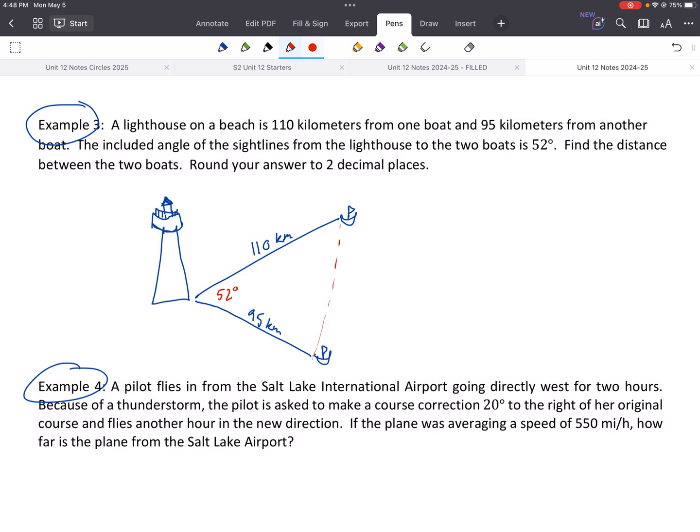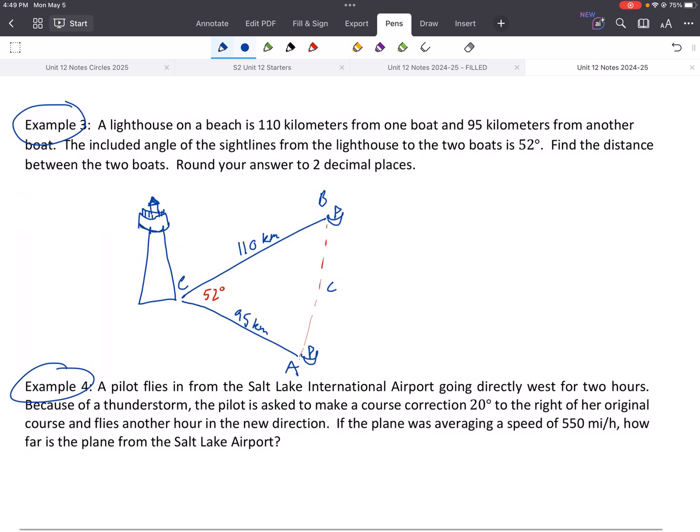Okay, so again, we could label the sides. If you think that's helpful, we could call this A, B, and C. Across from that angle would be little c. That's what we're trying to find, is that side length. Okay, and we want to set up the equation. So this for sure is a law of cosines, right? Because we have side angle side.